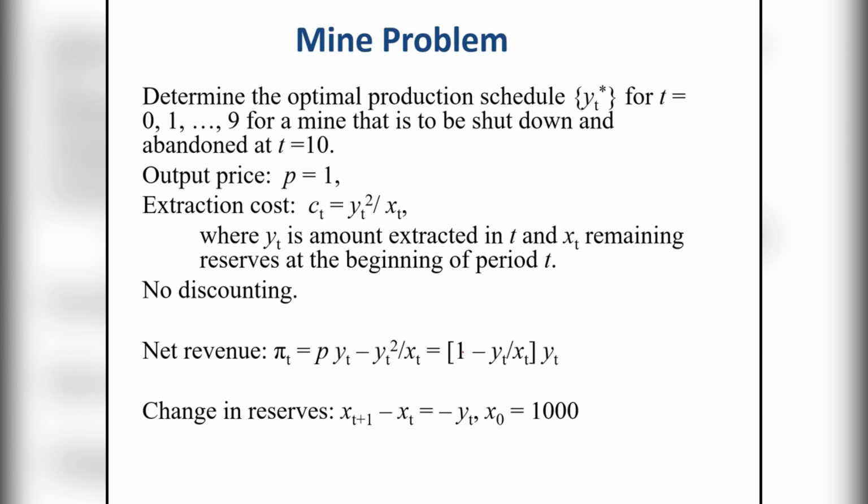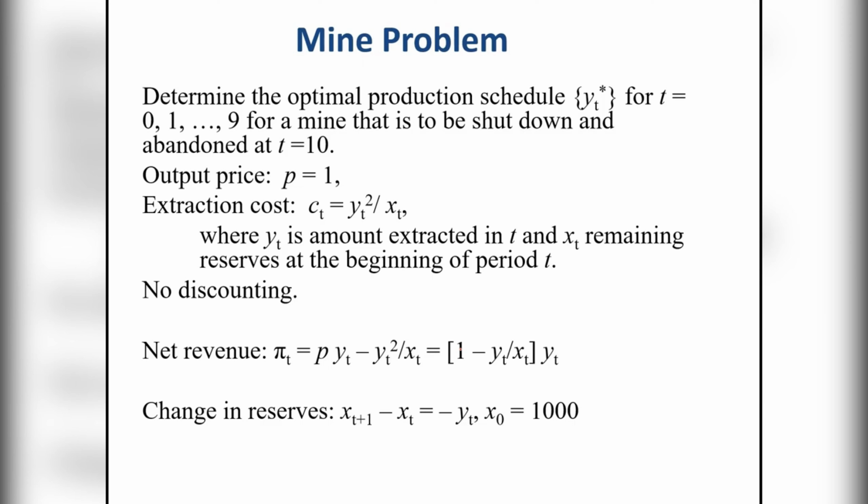So we determine the problem. The mine problem is this: determine the optimal production schedule for extracting ore from a mine for periods t equals 0, 1 to 9, for a mine that is to be shut down and abandoned in the 10th period. We assume the output price is equal to 1 and that the extraction costs are a function of output extraction, and we take the square of output extraction divided by xt.